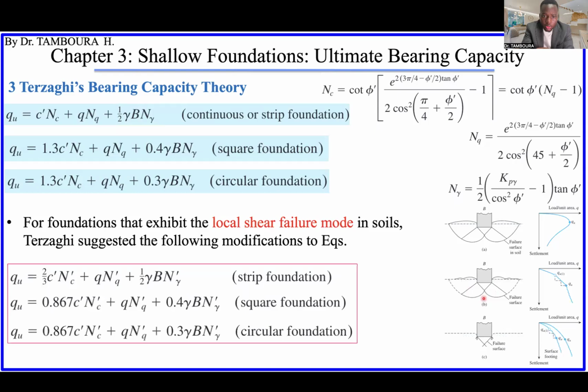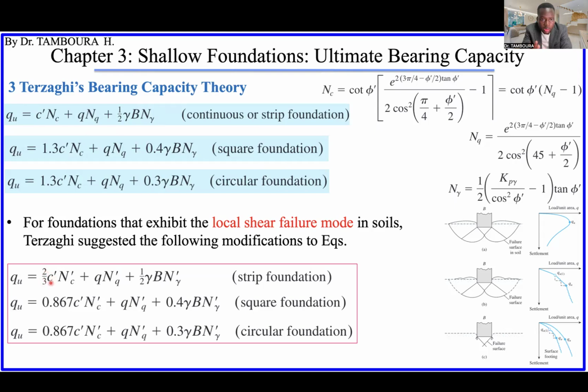So here is what we need. For local shear failure, the equation above becomes this one. You can see the modification by yourself. For strip footing, this one becomes like this. What is changing is only here: 2/3 added here.